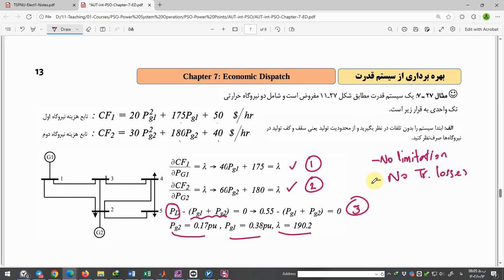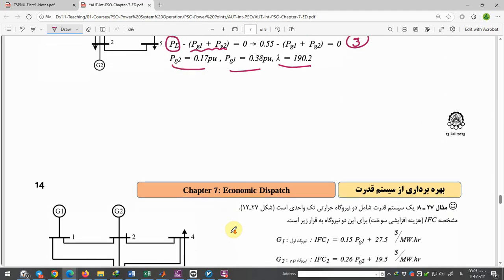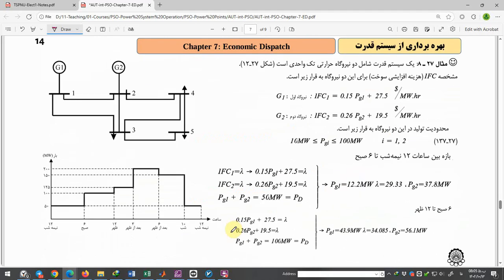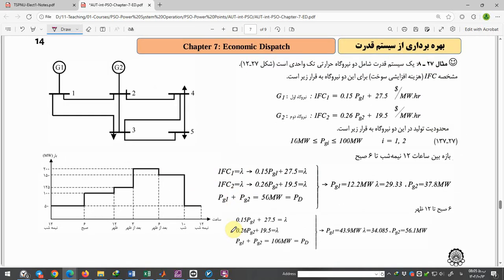It is very simple. We discussed it before, and the equation and procedure of solving are very simple. After that, we discussed two generators in a transmission line.